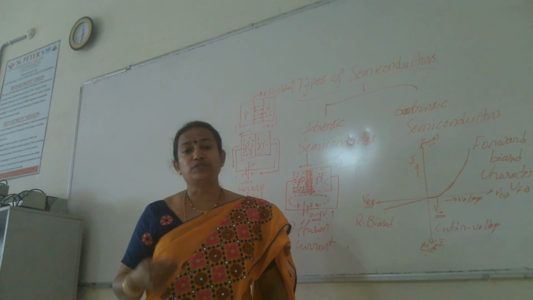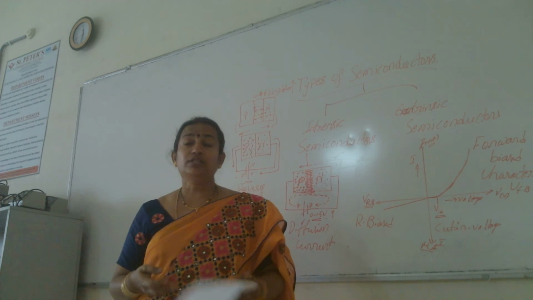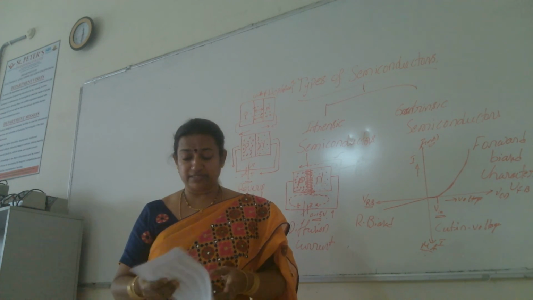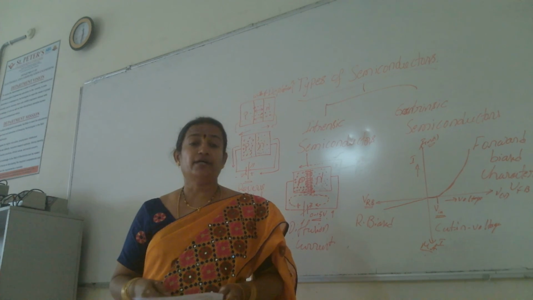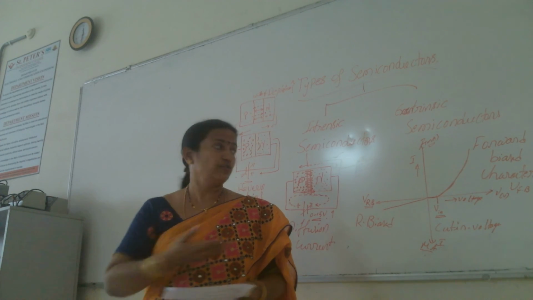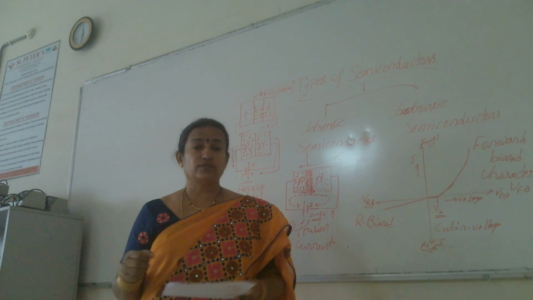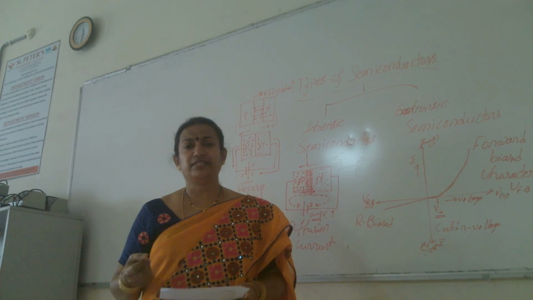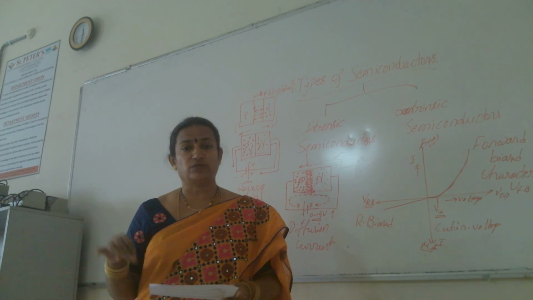These are the main objectives of electronic devices and circuits. And what are the main outcomes of this particular subject? We have some outcomes also. In order to understand these particular components, first you should go for characteristics. So, know the characteristics of various components. Each and every characteristic for each and every component you can see in this particular subject of EDC.